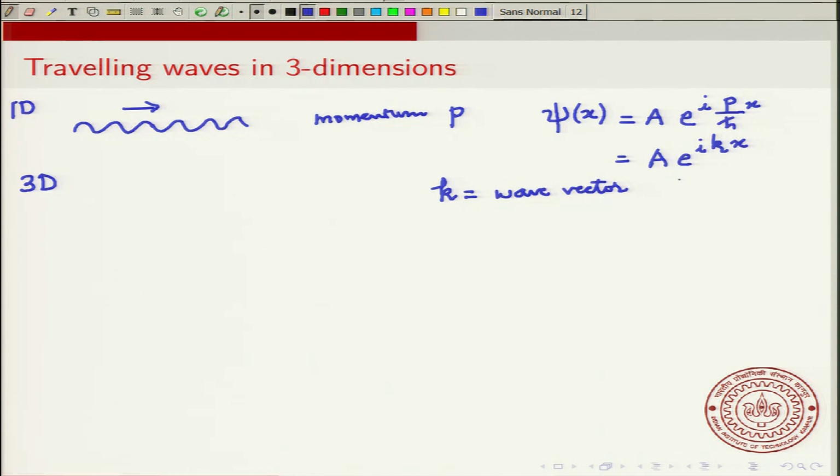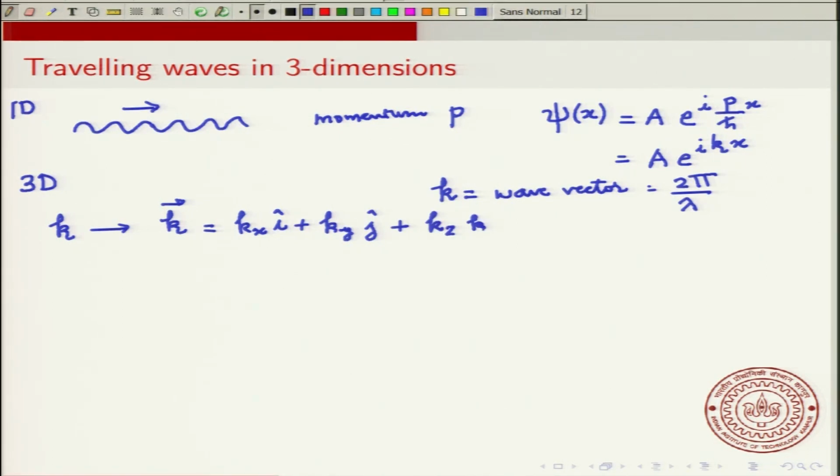You can think of it as 2 pi by lambda, where lambda is the wavelength. Now, what happens in 3D? In 3D, k goes to the vector k, which is k x i plus k y j plus k z k.